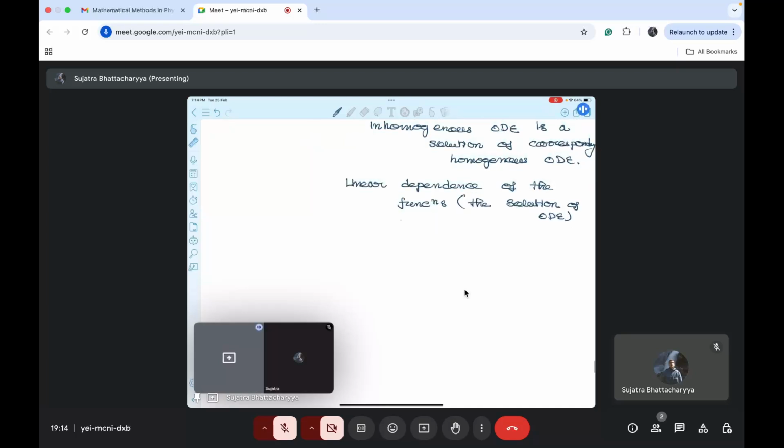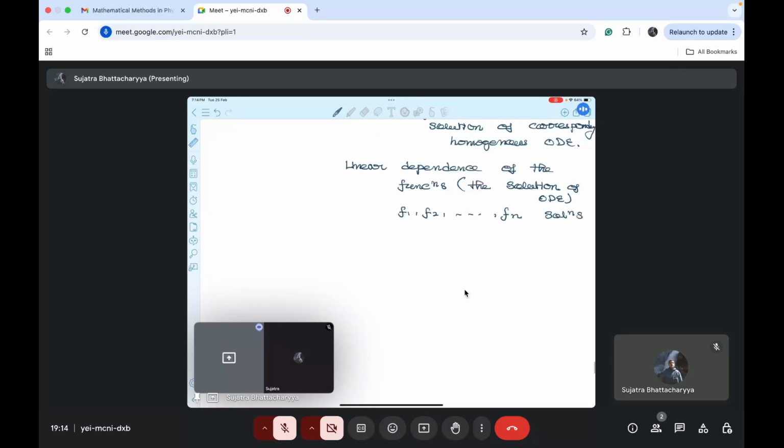So suppose f1, f2, and so on up to fn are the solutions. Then if we have to prove their linear independence, the simple thing is that you write it in terms of linear combinations, k1 f1 plus k2 f2 and so on up to kn fn, and put that equal to 0. If all k1 equal to k2 equal to so on up to kn equal to 0, then it is linearly independent.